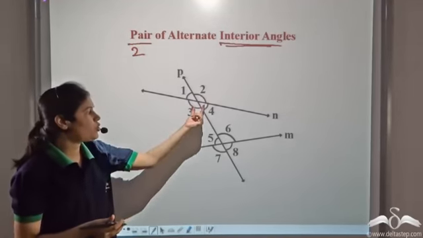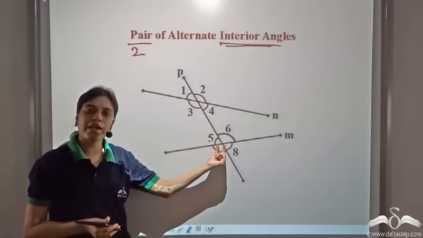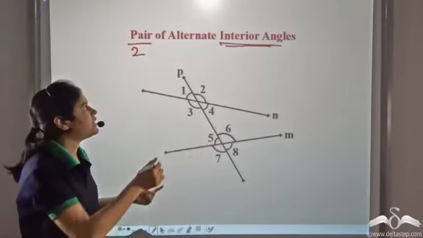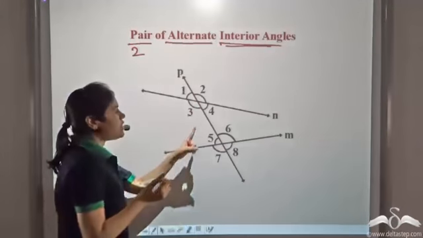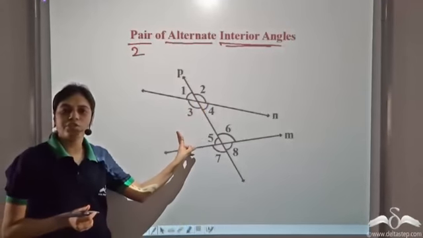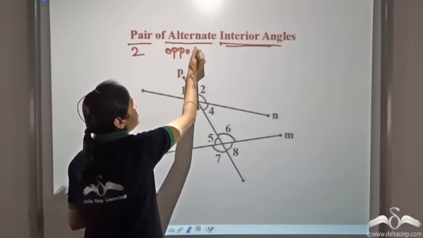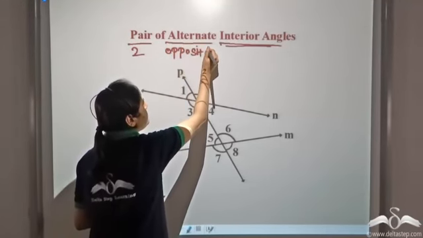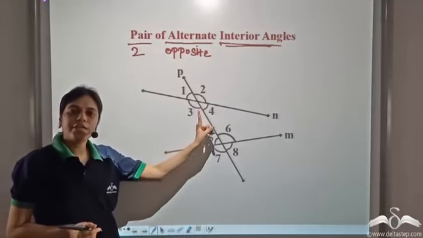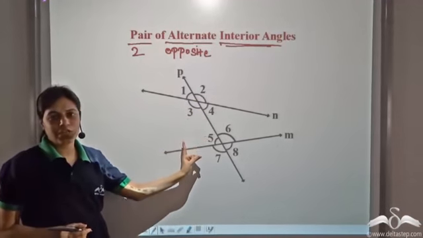So we need to find two angles among these four angles. And alternate means they are on the alternate sides of the transversal or opposite sides of the transversal. So they are on the alternate or the opposite sides of the transversal.